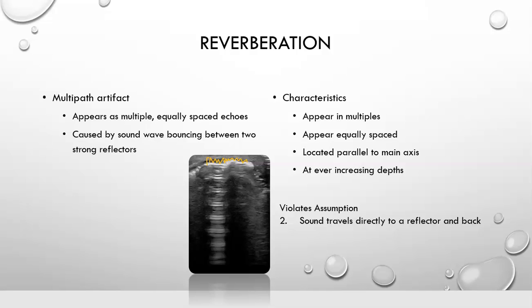Each time it comes back up to the transducer, it produces another reflection in our reverberation. So we end up with this series of parallel reflections as the sound bounces back and forth between this very strong reflector and the transducer at the top, and we get this strong reverberation artifact.